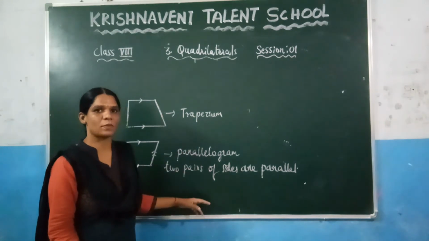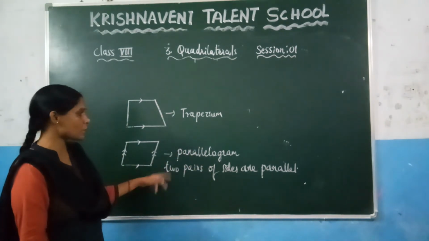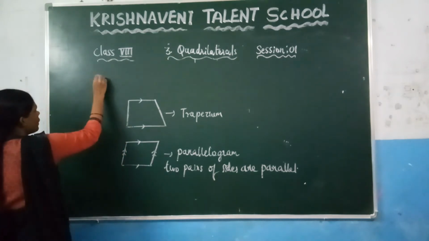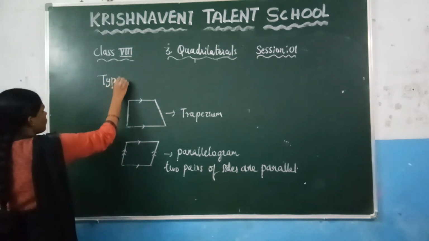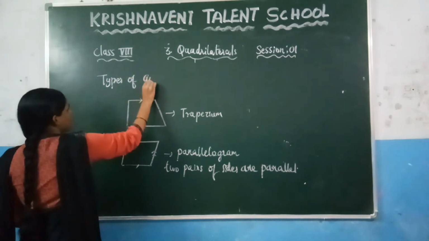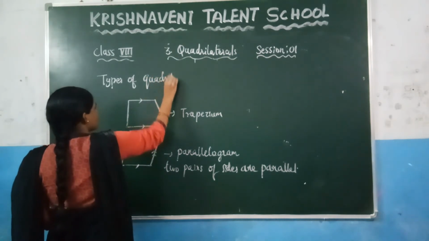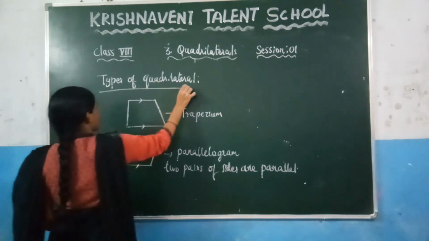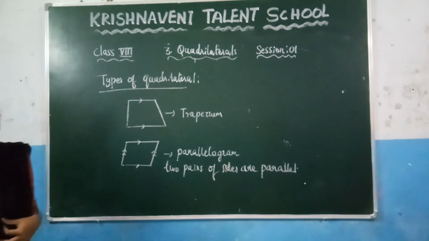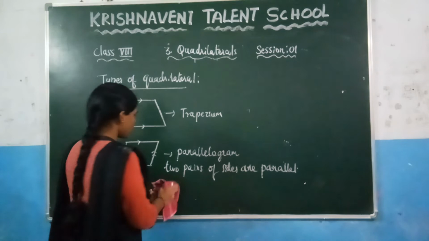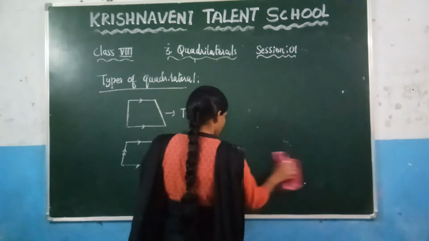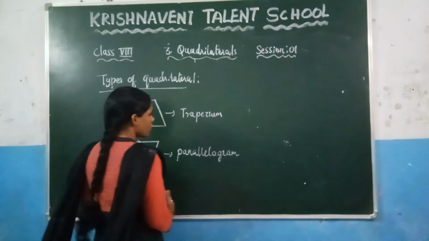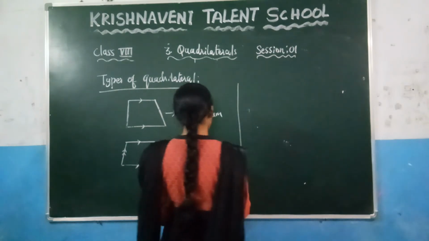So we have discussed up to two types of the quadrilateral, which are nothing but the types of quadrilateral. And see the next one here. We have talked about the trapezium and the parallelogram. See the next type of the quadrilateral here.